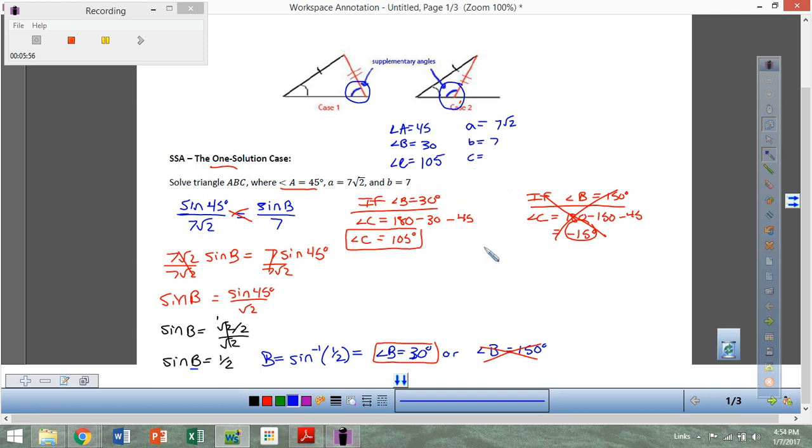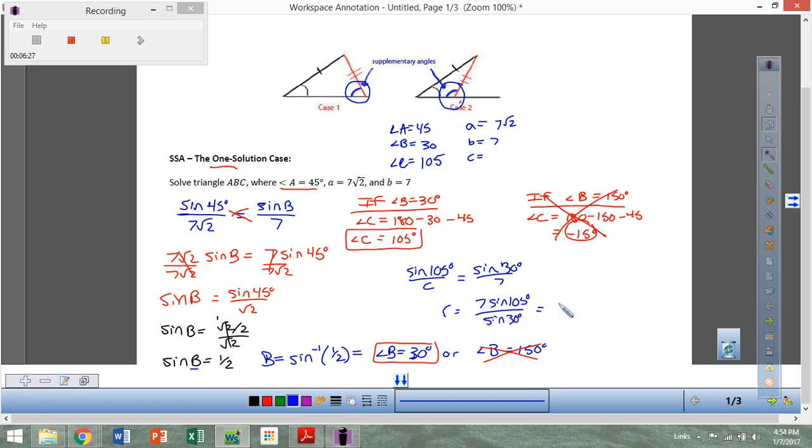And so I'll set up a law of sines to do that, and I need to use angle C. So sine of 105 is to C as, and you can use any piece of information there that you want to use. If you use the information for B, the sine of 30 degrees is to 7, which means the side length C is simply going to be 7 times the sine of 105 degrees divided by the sine of 30 degrees.